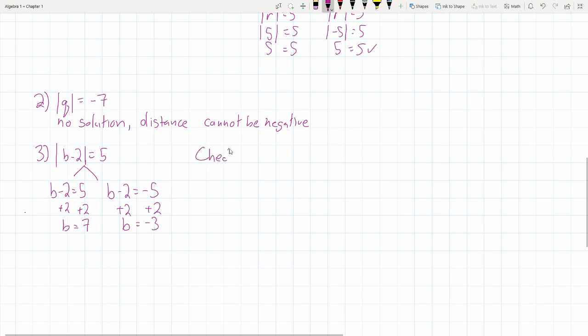So now if I do my check, I go absolute value of b minus 2, absolute value equals 5, and then write it again, because we're checking two answers. Instead of b, I'm going to write 7.